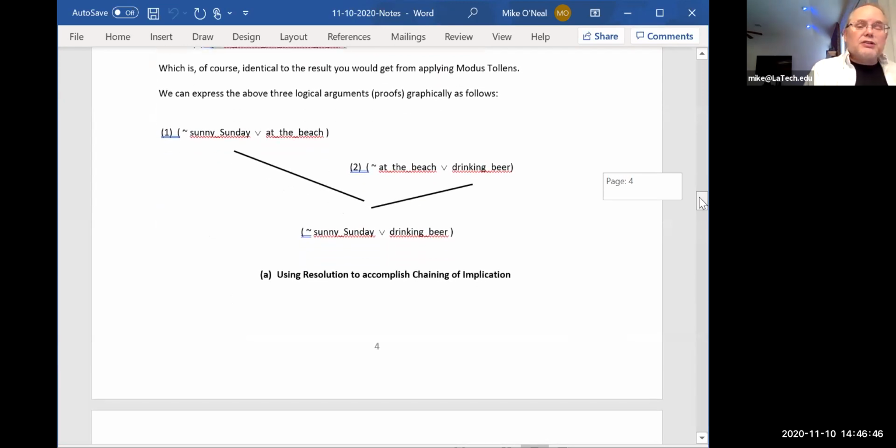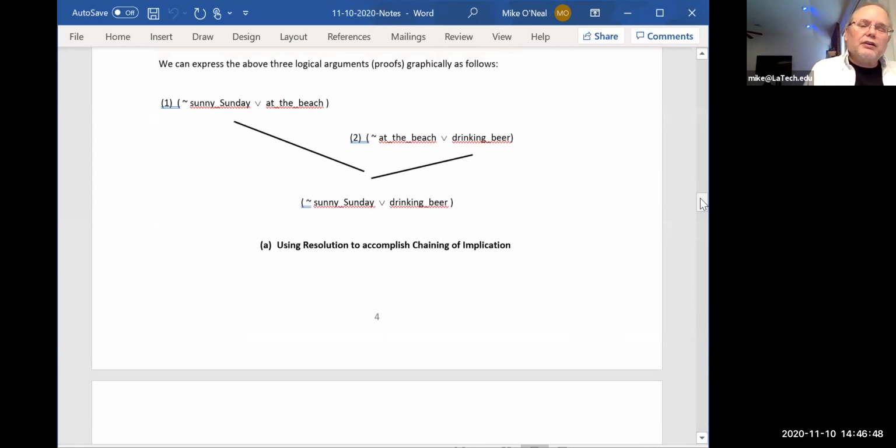Frequently what we do when we're doing these things is we show them graphically. If you're doing a resolution proof, often it's illustrated by showing the two clauses that are being brought together, and then underneath you write the resulting clause.